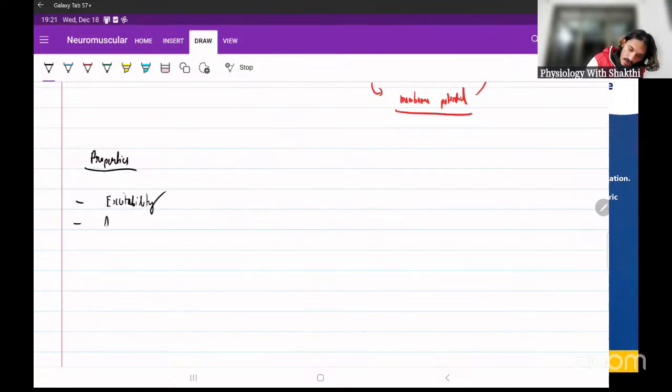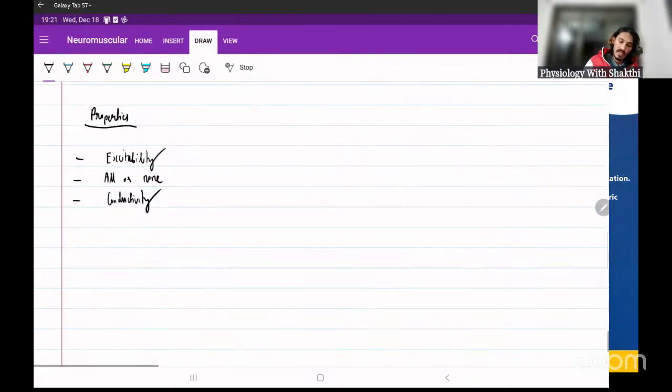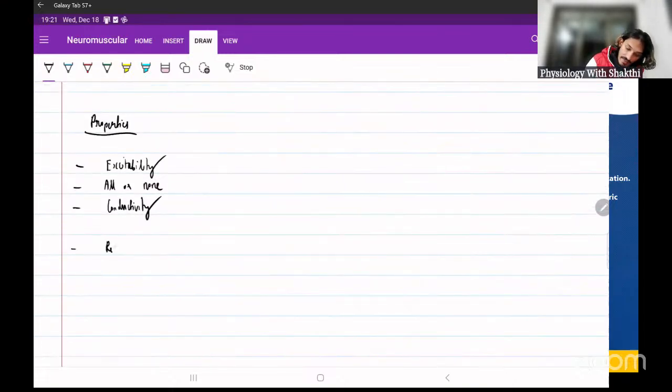Then you can talk about all or none law. Then you can talk about conductivity. Then you can talk about refractory period. You can talk about accommodation. You can talk about the fact that it is infatigable.